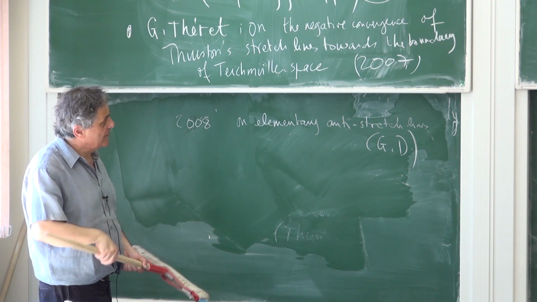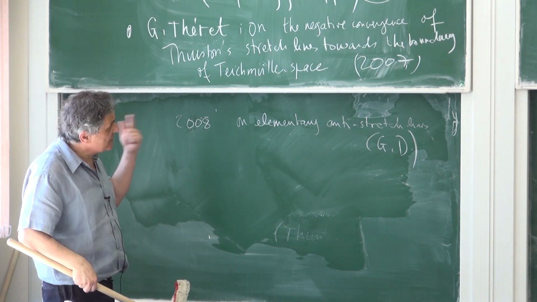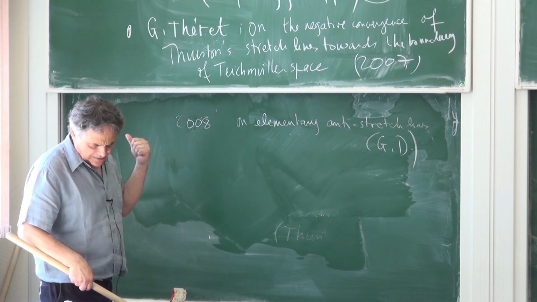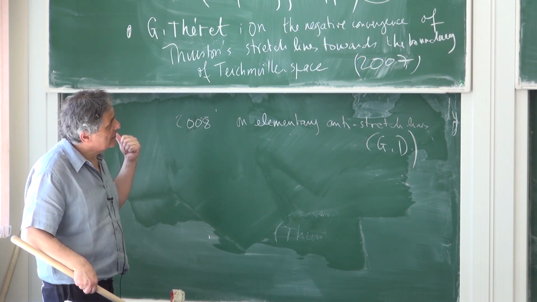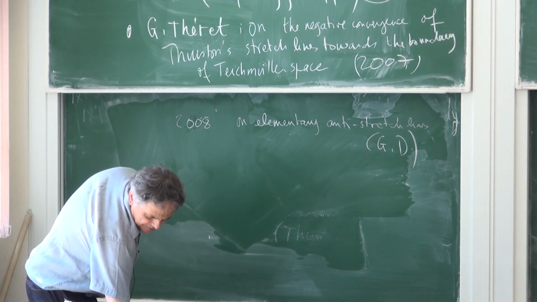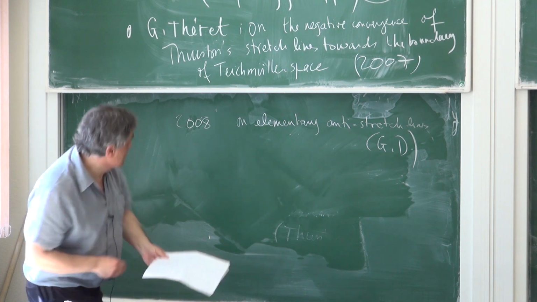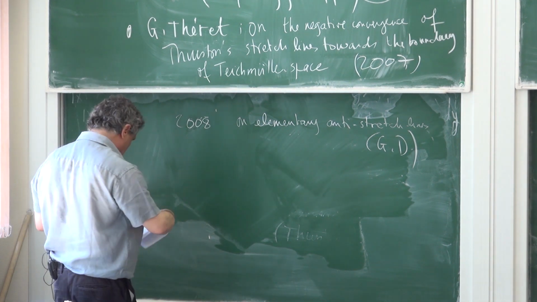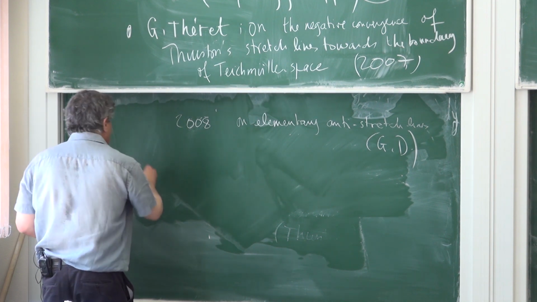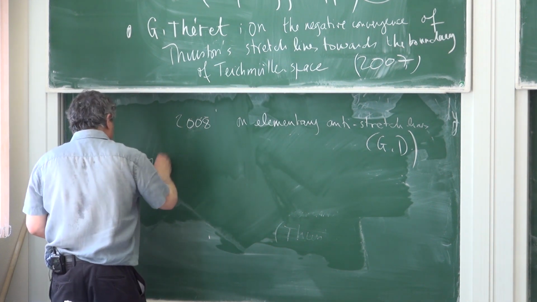He has a notion of elementary stretched lines, which generalizes a little bit what I told you before, and he shows that these anti-stretched lines converge.